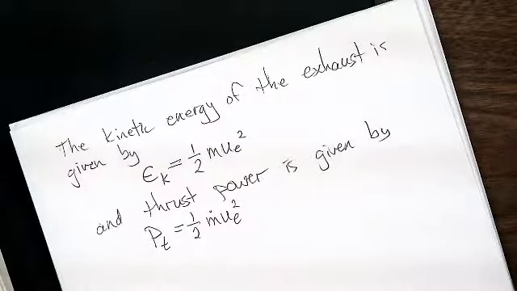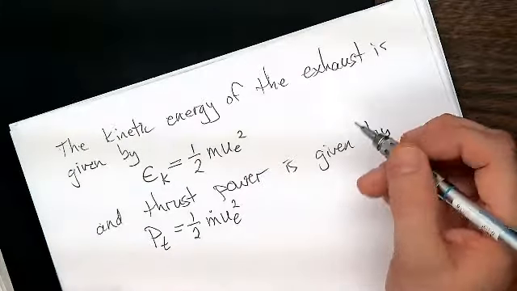This assumes a constant average exit velocity u sub e.